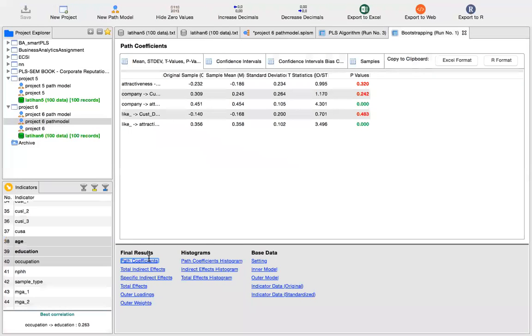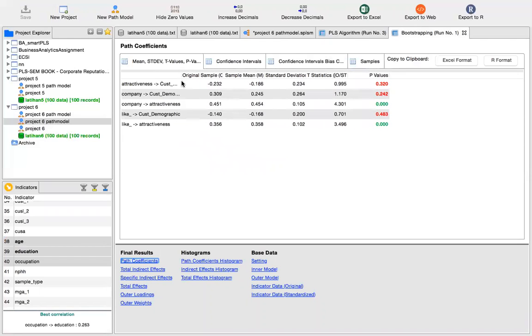Path coefficient. The p-value in here must be below 0.05. If it is higher than 0.05, it means that it has no significant effect.